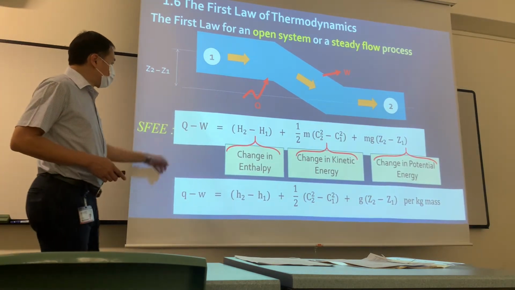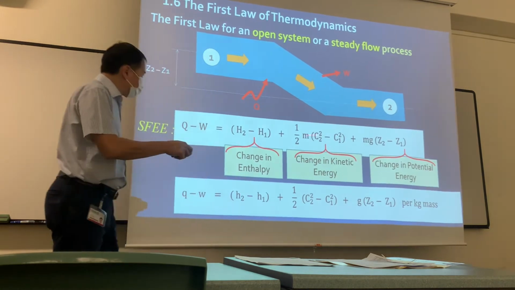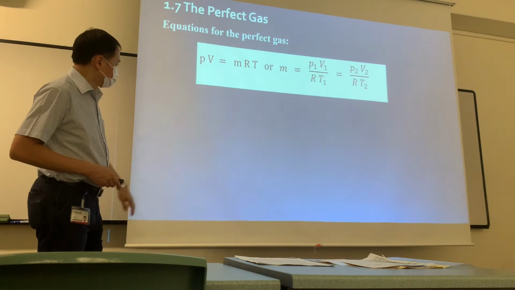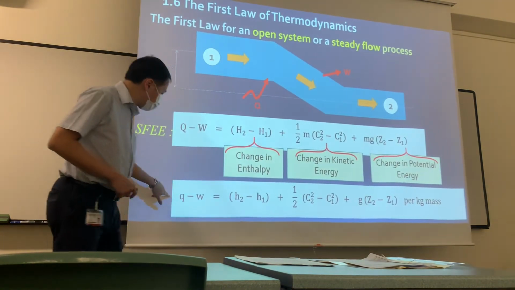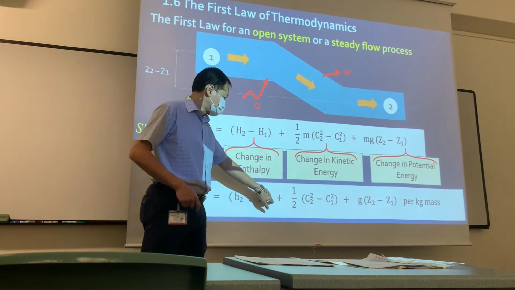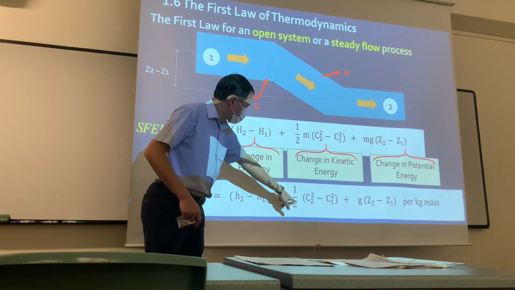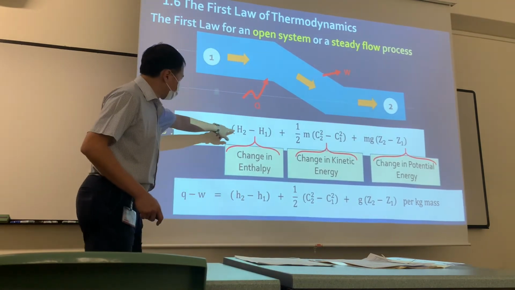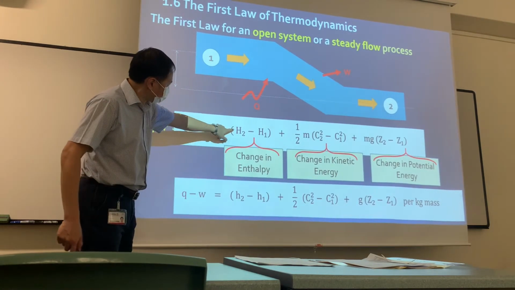If everything is divided by n, we get this equation, Q minus W equal to H2 minus H1, plus the kinetic and potential terms. So the n will disappear here, and this n also disappears. How come this one becomes small h?